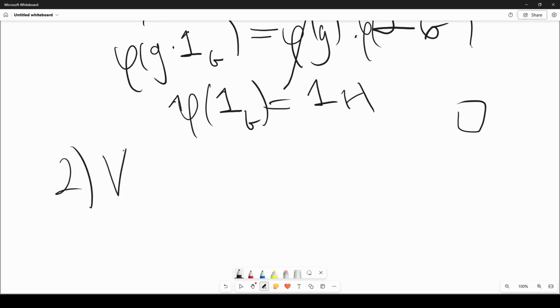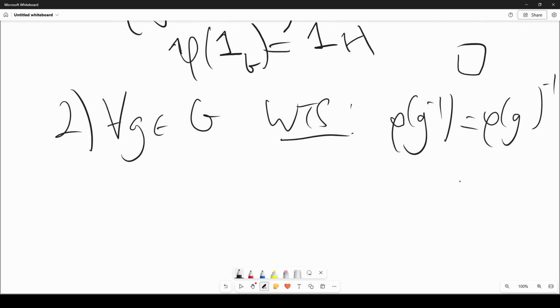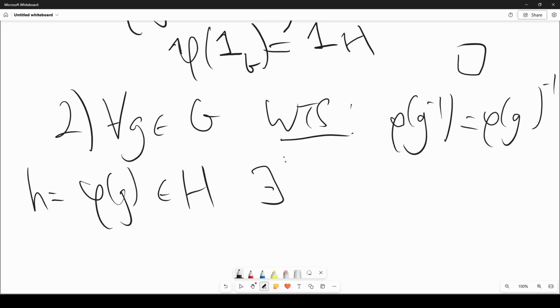2. For all g in G, we want to show that phi of g inverse equals phi of g all inverse. So the definition, let's just let h equal phi of g for now in H. We know there exists an h inverse in H just by the definition of group. h times h inverse equals 1_H.